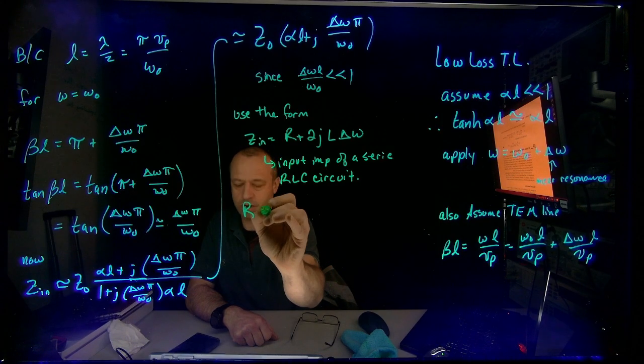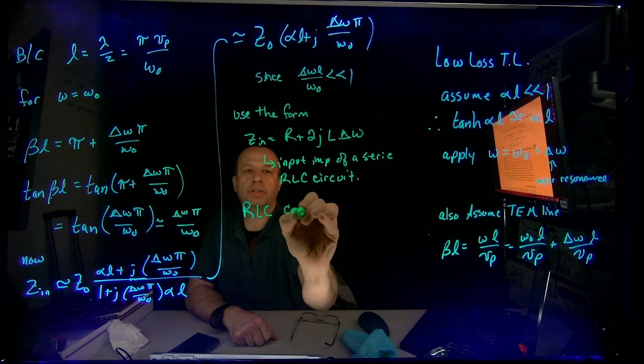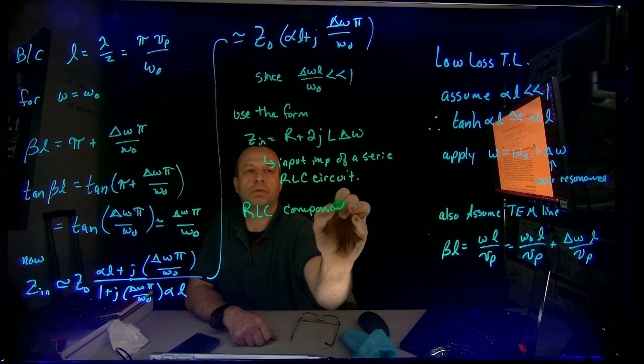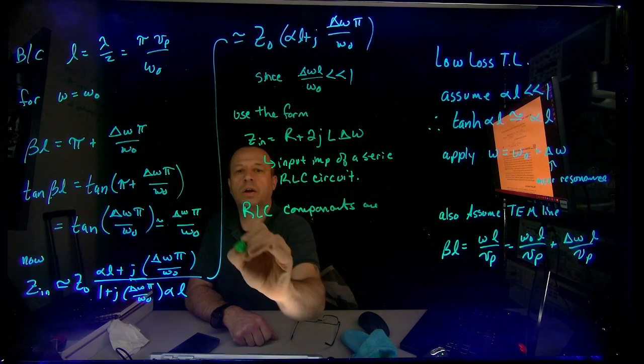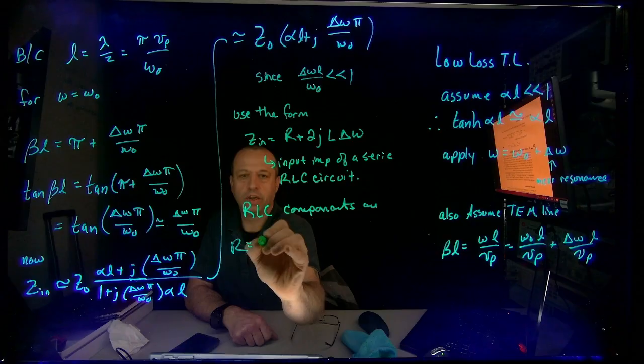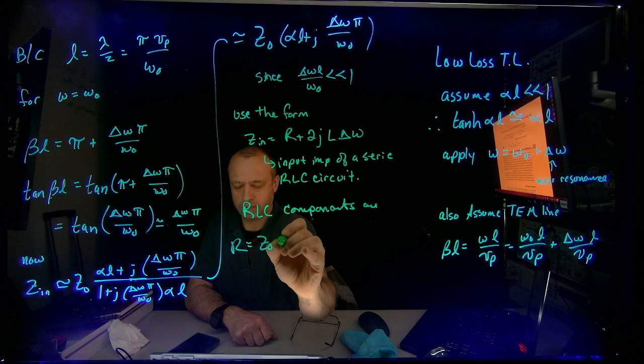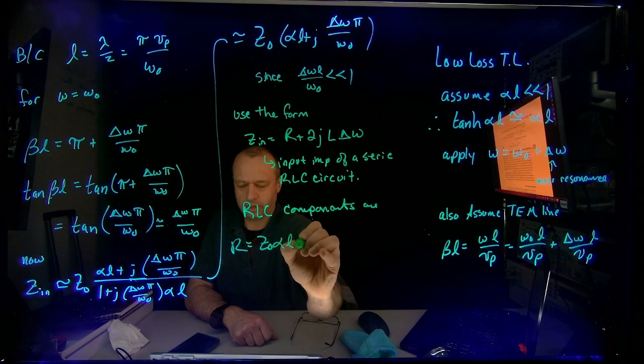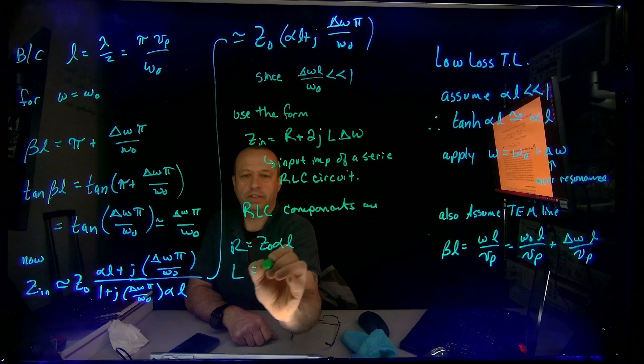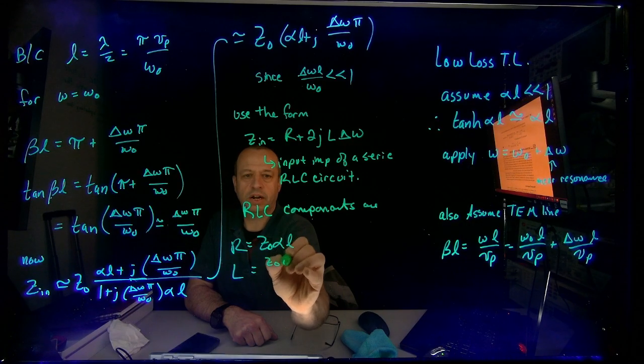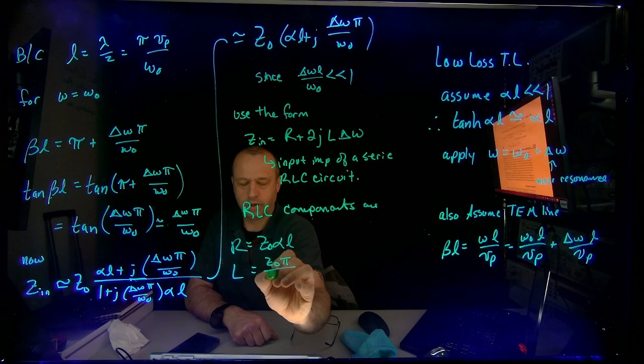So our RLC components are: R equals Z naught alpha L. Our L is equal to Z naught pi over 2 omega naught.